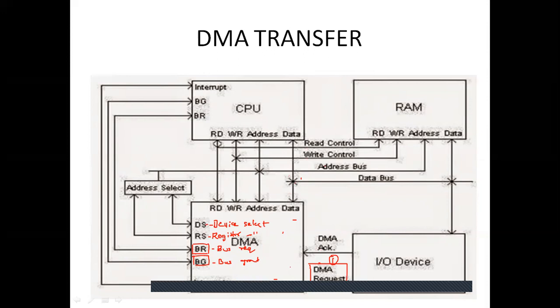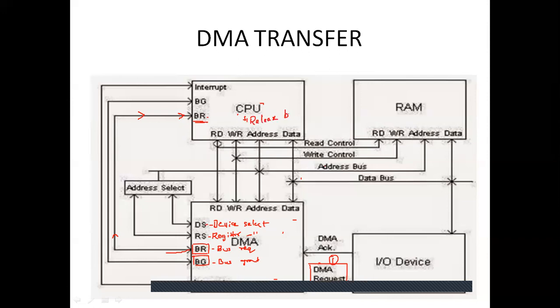And when it has requested this DMA, the DMA controller is going to send the bus request signal to the CPU. What this bus request does is ask permission from the CPU to release the buses. So that is the bus request.